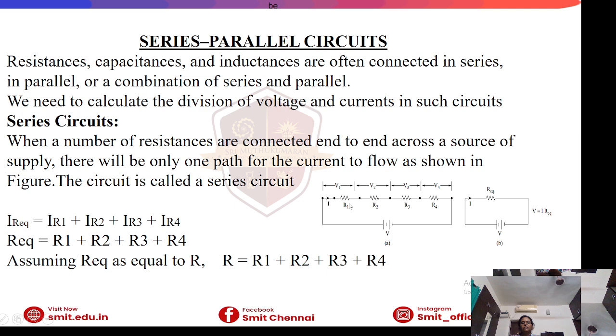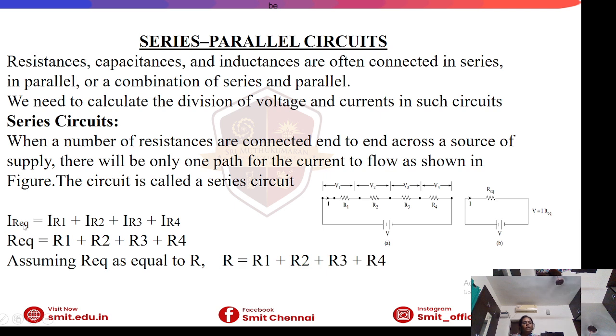This is the series circuit where R1, R2, R3, R4 are connected in series end to end across the source. So the current flowing across all the resistors will be the same. So we know I is nothing but the current which flows throughout the circuit, which will be the same.